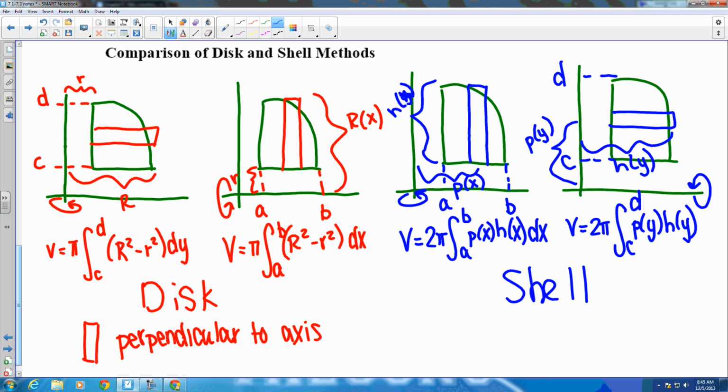And the reminder is that the rectangle is parallel to the axis of revolution. Okay, so that's a good thing to note.